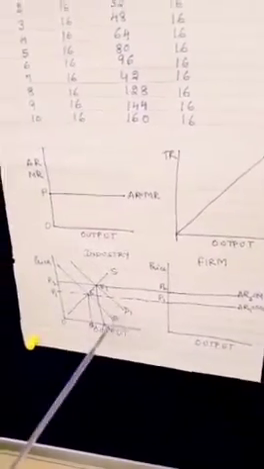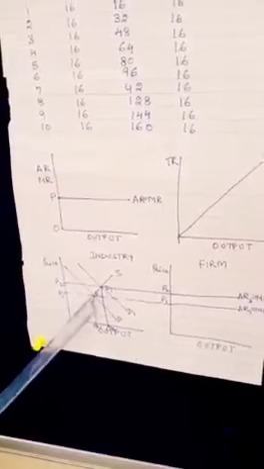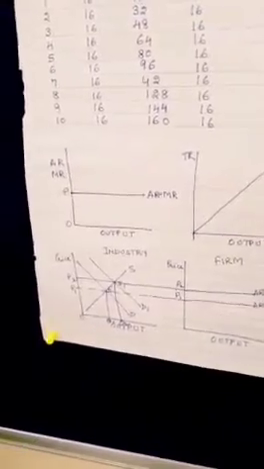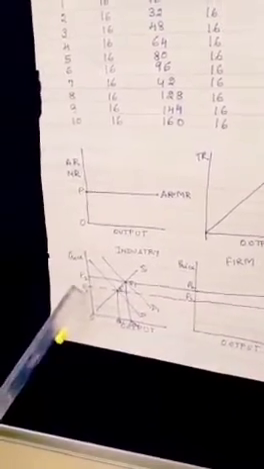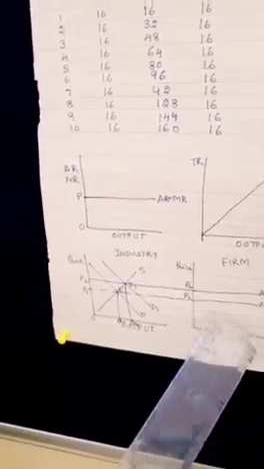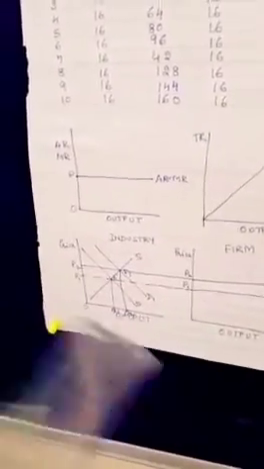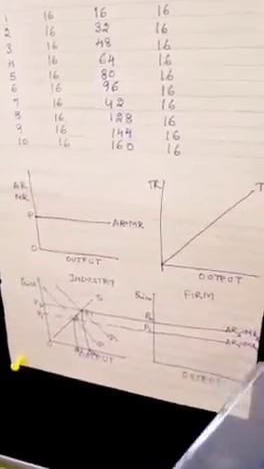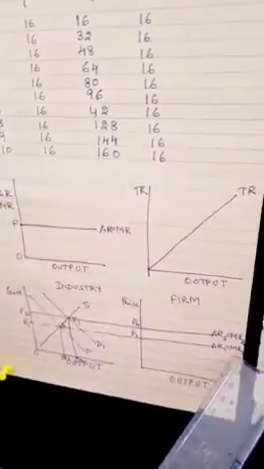So here when D is equal to S at E, the price determined is OP1 and the quantity is OQ1. So we see that this OP1 price is accepted by all the firms, as I told you that firms are price takers and quantity adjusters. So at OP1, the demand curve for each firm is AR1 equal to MR1.